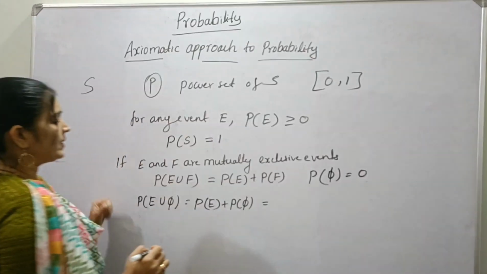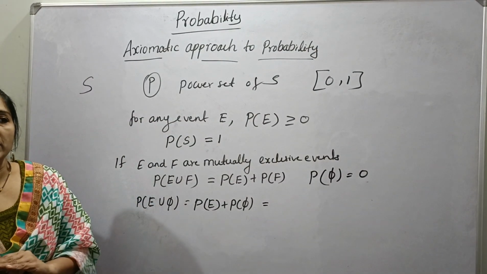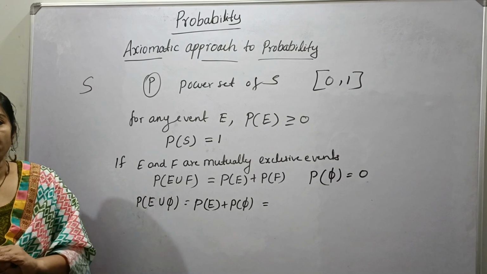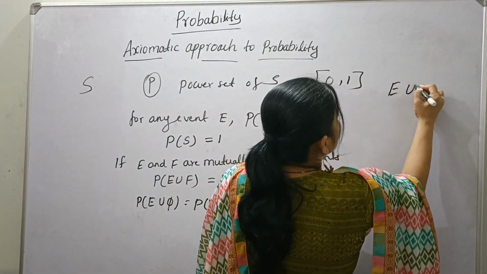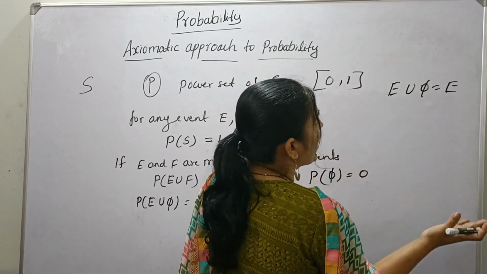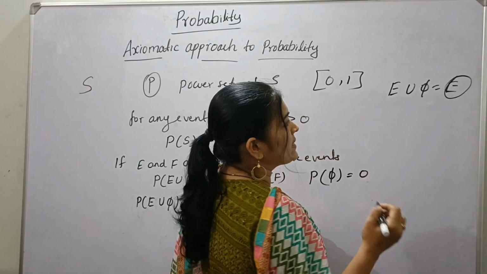Now, what is E union phi? That is nothing but E itself, because phi has no elements, so when we take the union we get E itself.